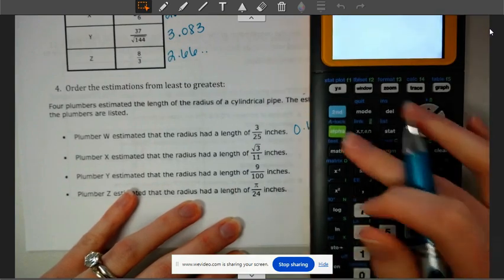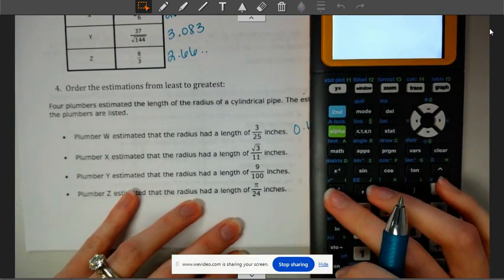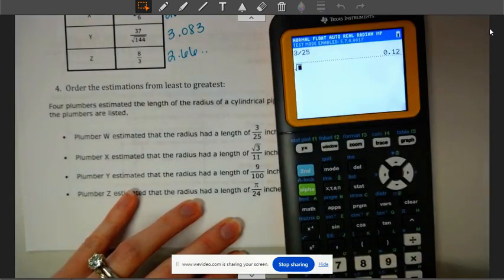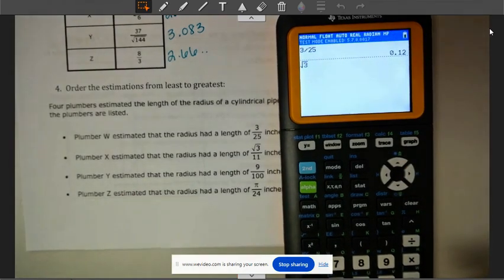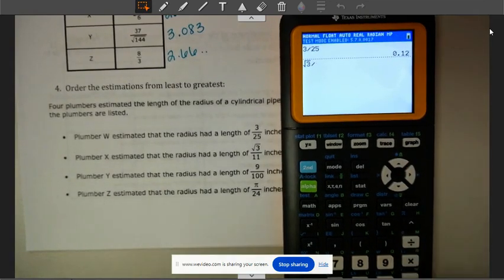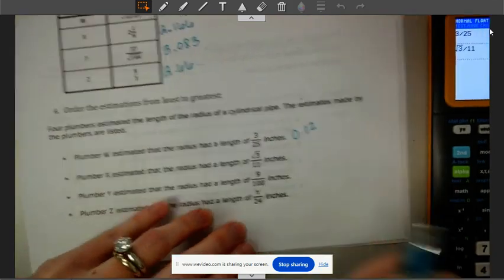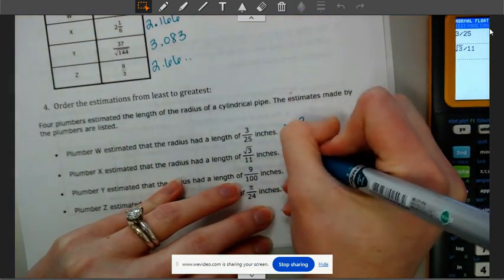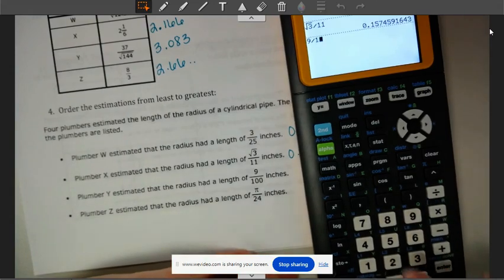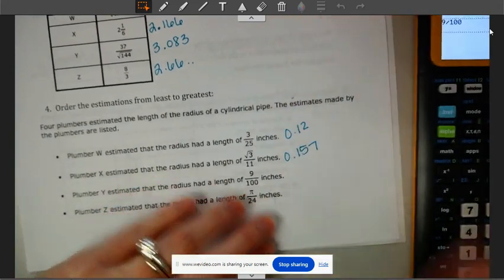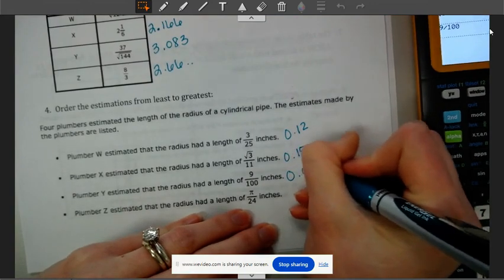And then I have the square root of 3, so second, we have x squared, and then I can type 3, and then I'm going to make sure to arrow outside of this so that I don't put the division underneath the square root sign, so right arrow out, divided by 11, and I get 0.157. Then we have 9 divided by 100, which is 0.09.